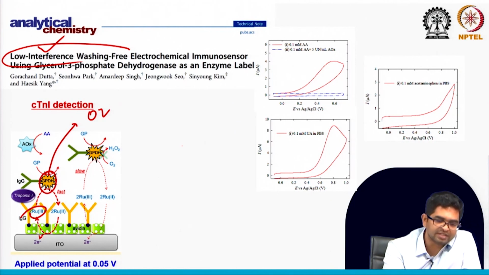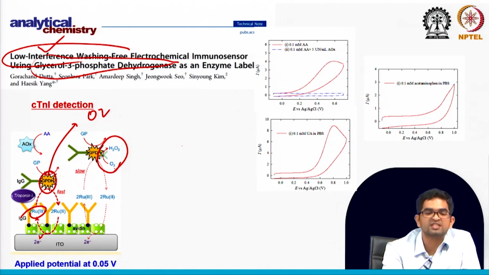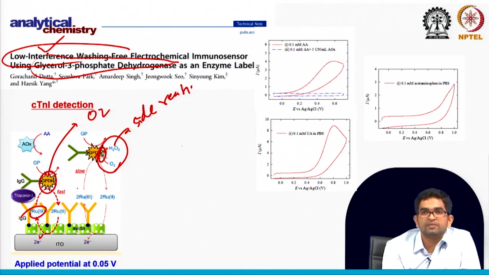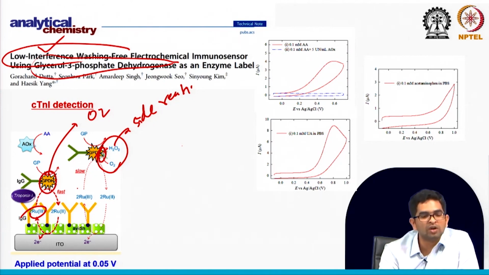So here we use GPDase, glycerol 3-phosphate dehydrogenase, an enzyme where the oxygen effect is very, very low. The oxygen side reaction is very low, almost none. If you select this kind of enzyme, then side reactions become very slow and the background will be very low.